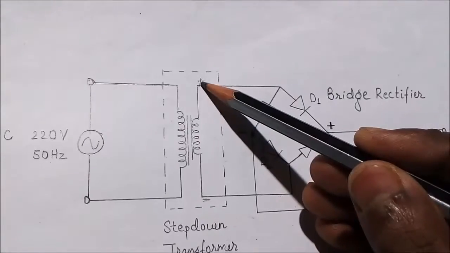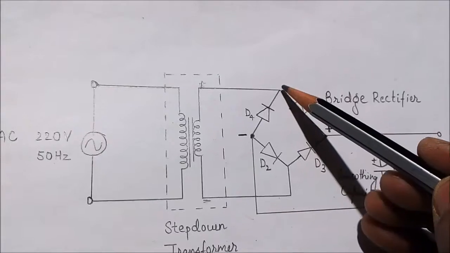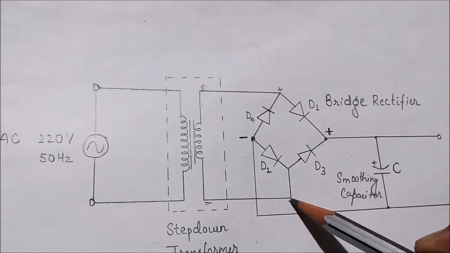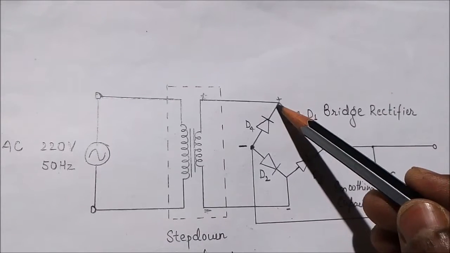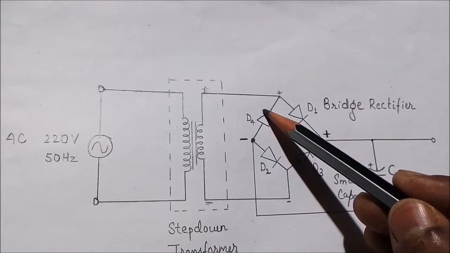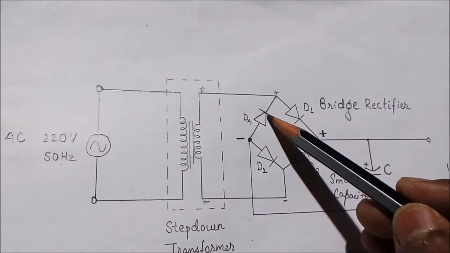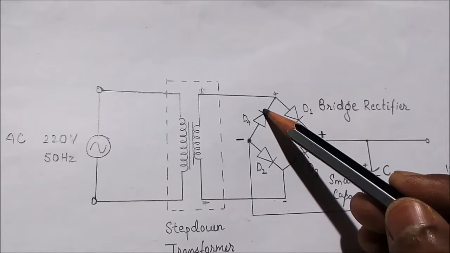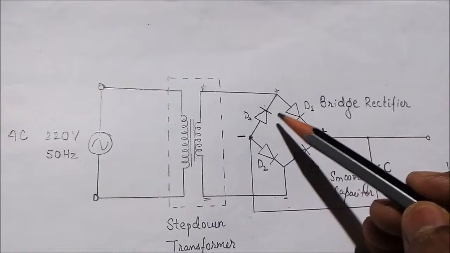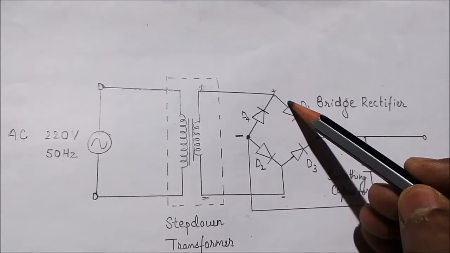As this terminal will be positive, at the diode D4 this terminal will be the cathode, that is negative, and this terminal will be the anode, which will be positive.